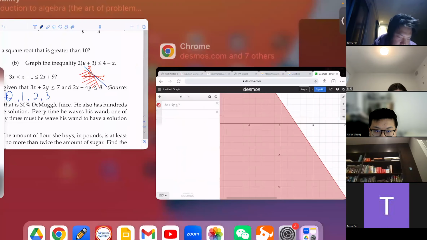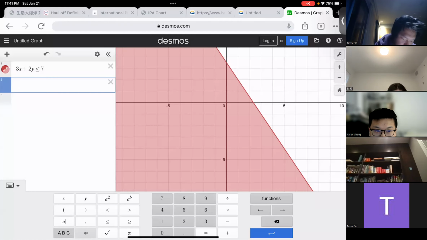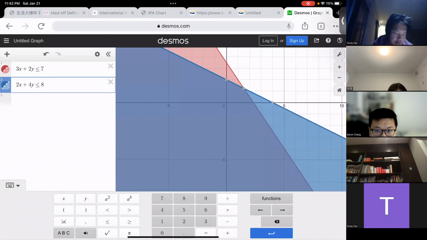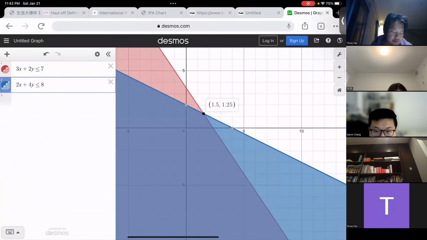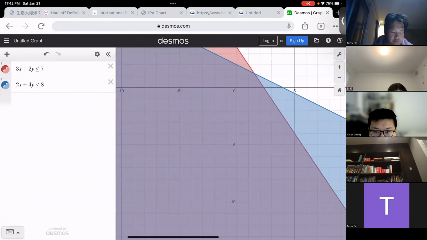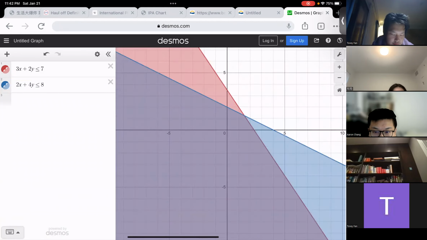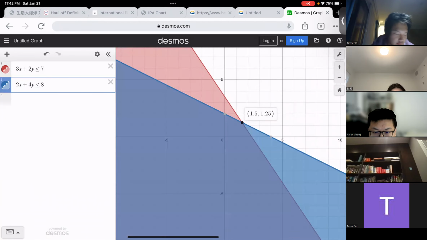Another one is 2x plus 4y, 2x plus 4y less than or equal to 8, something like this, right? This is the intersection, and the solutions are everything overlapped on the bottom left corner, okay?